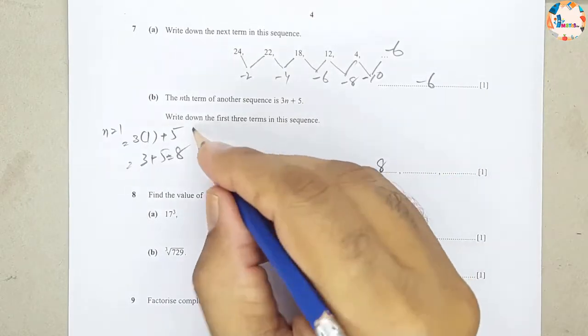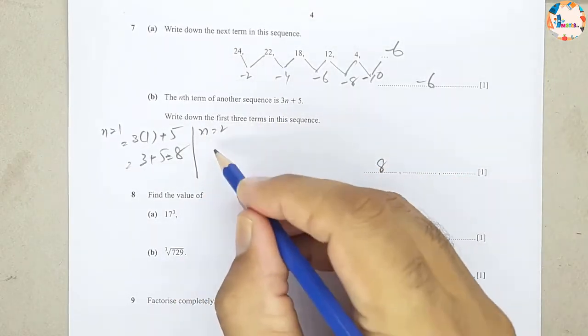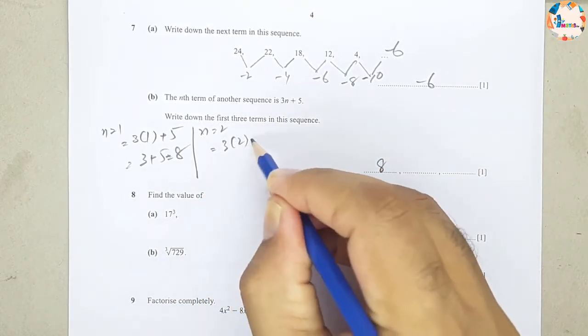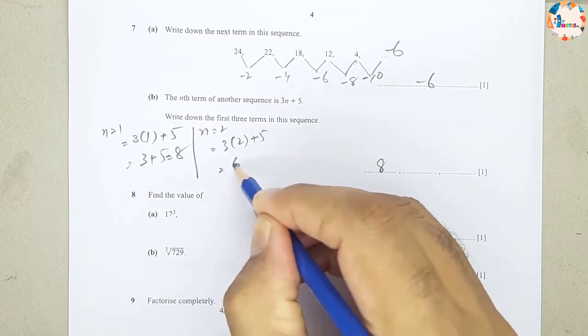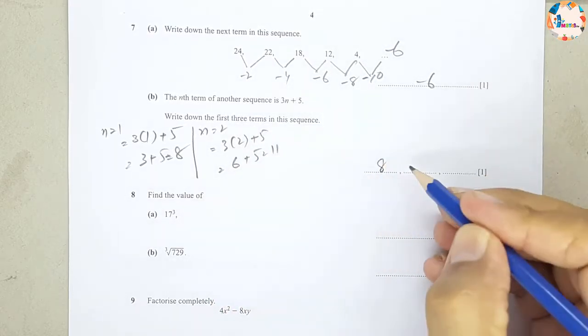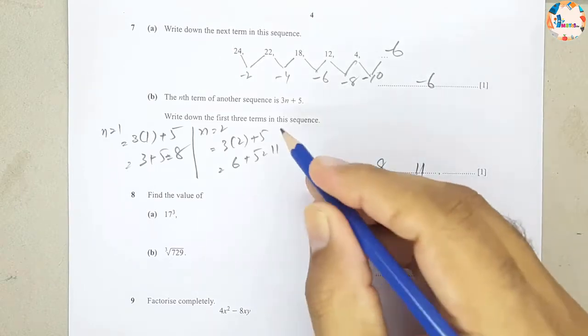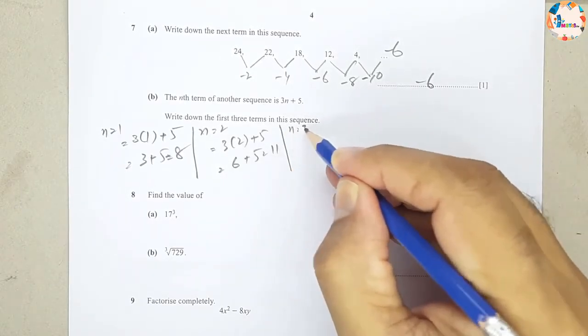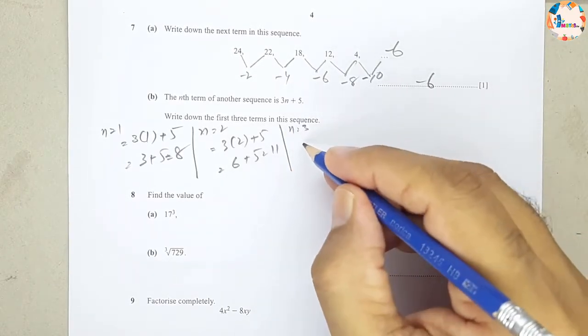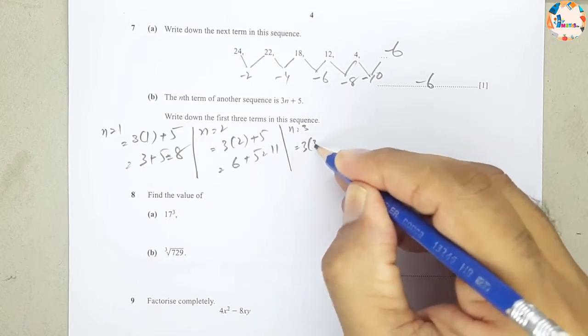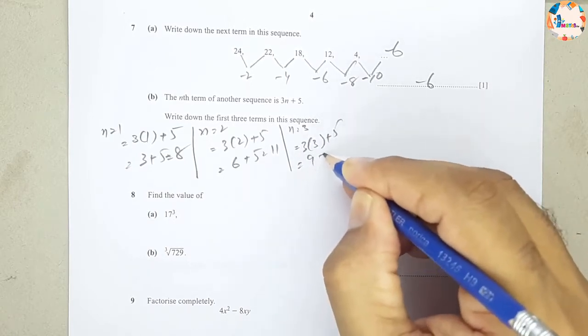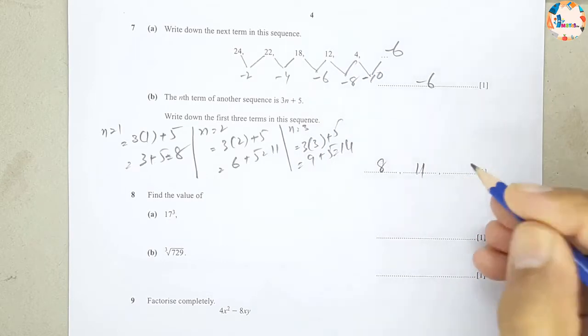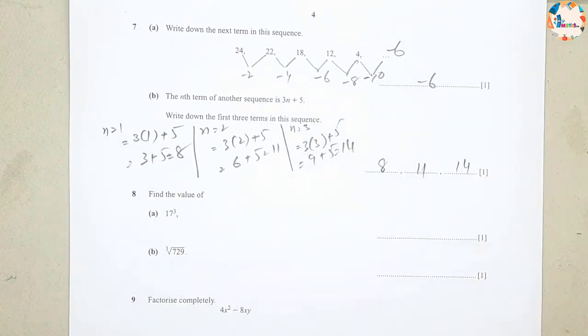Then next, when n is equal to 2, we can write 3 into 2 plus 5, and this will be 6 plus 5, which is equal to 11. And when n is equal to 3, we can write 3 into 3 plus 5, which is 9 plus 5, equal to 14.